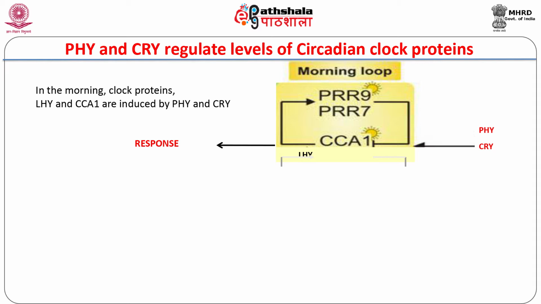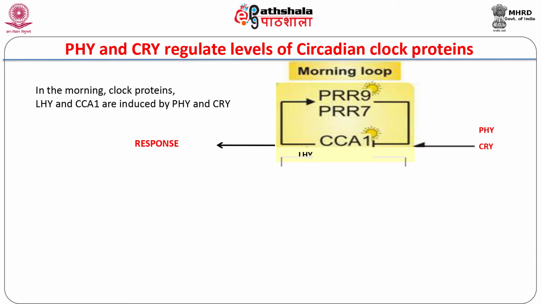These proteins are induced by phytochromes and cryptochromes during the day. The clock proteins in turn induce two other regulatory proteins called pseudo-response regulators, PRR9 and PRR7, that negatively regulate the expression of CCA1 and LHY. Hence, LHY, CCA1, and PRR9, PRR7 form a feedback loop.